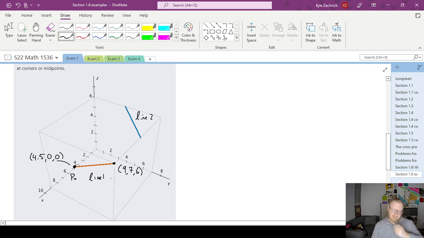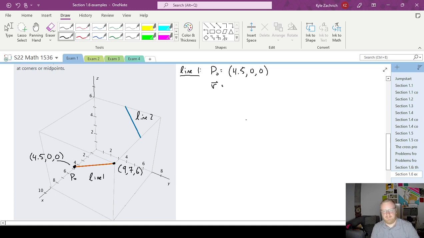Okay. So for line 1, P naught is going to be equal to, so I decided I liked this one a little better since it's got zeros in it. And my direction vector is just going to be the vector between these two points here. So I'll count it like this, that direction there.